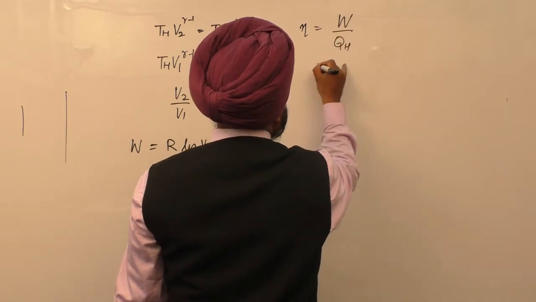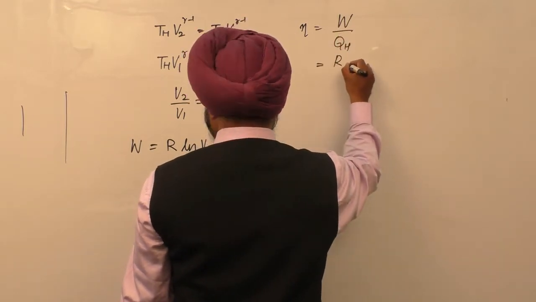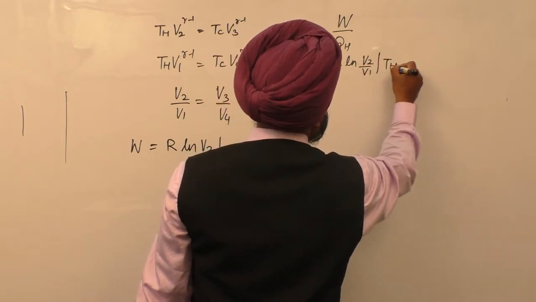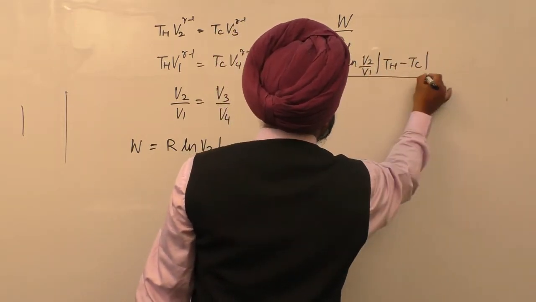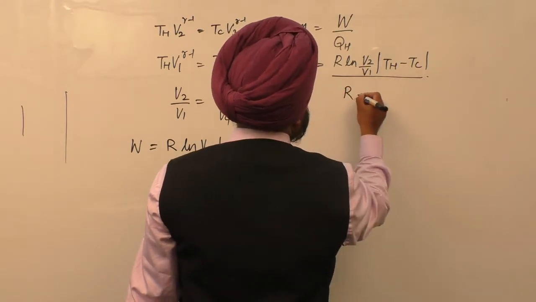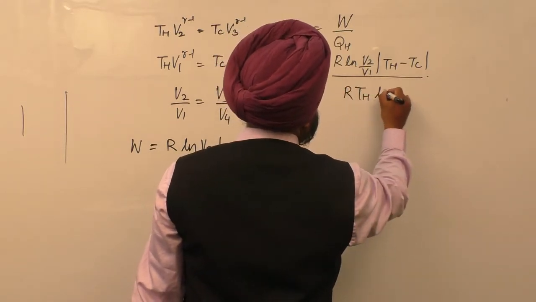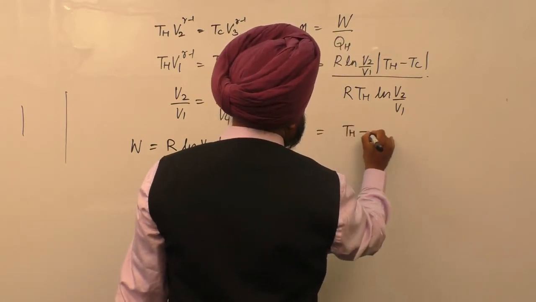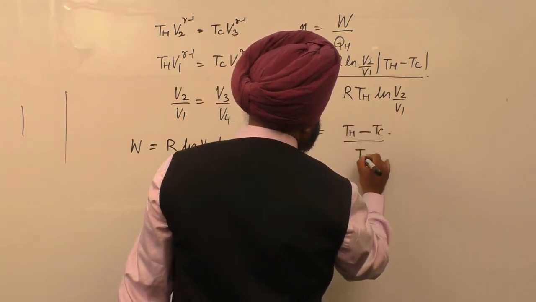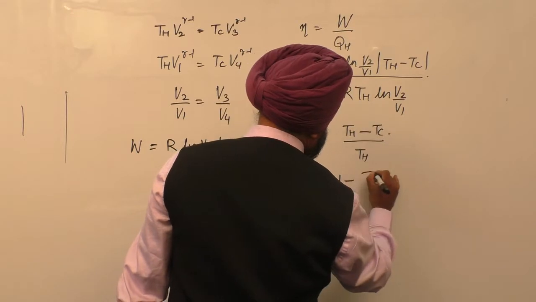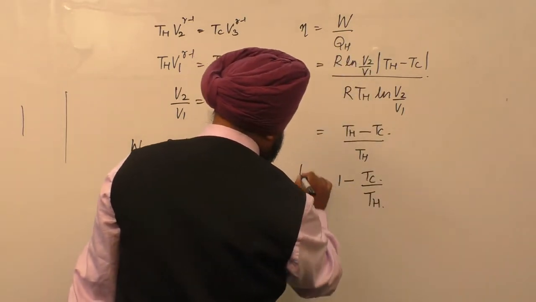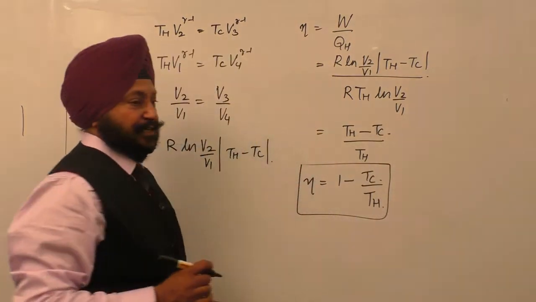Total work done is R into log of V2 over V1 into TH minus TC, and we divide this by R into TH log of V2 over V1, which gives TH minus TC over TH, which gives 1 minus TC over TH. This gives you the efficiency of the Carnot heat engine.